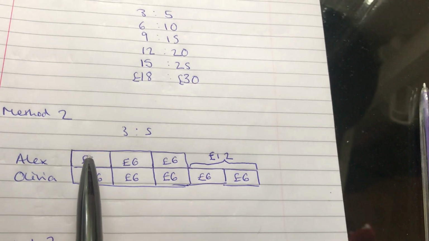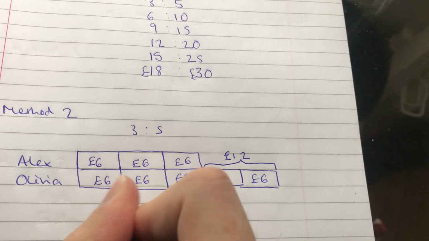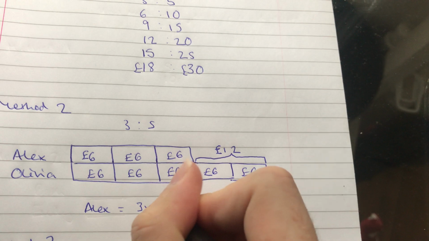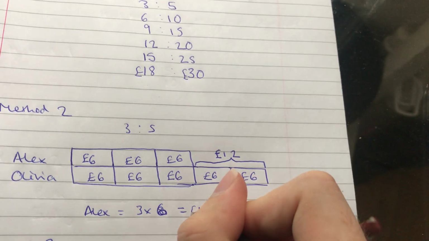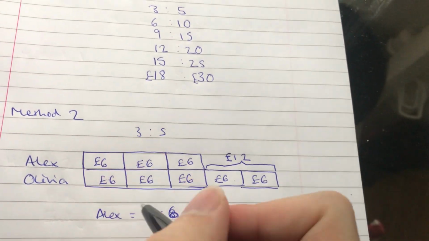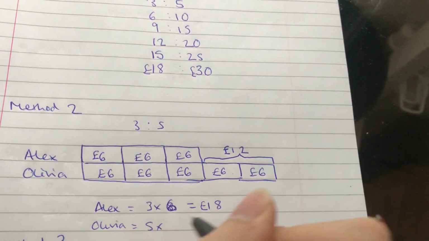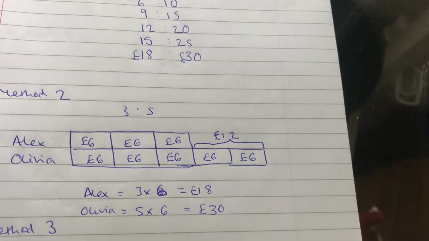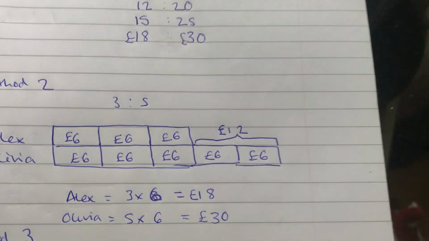Alex receives 3 lots of £6, so Alex equals 3 times 6, which is £18. And Olivia receives 5 times 6, which is £30. So Alex receives £18 and Olivia receives £30.